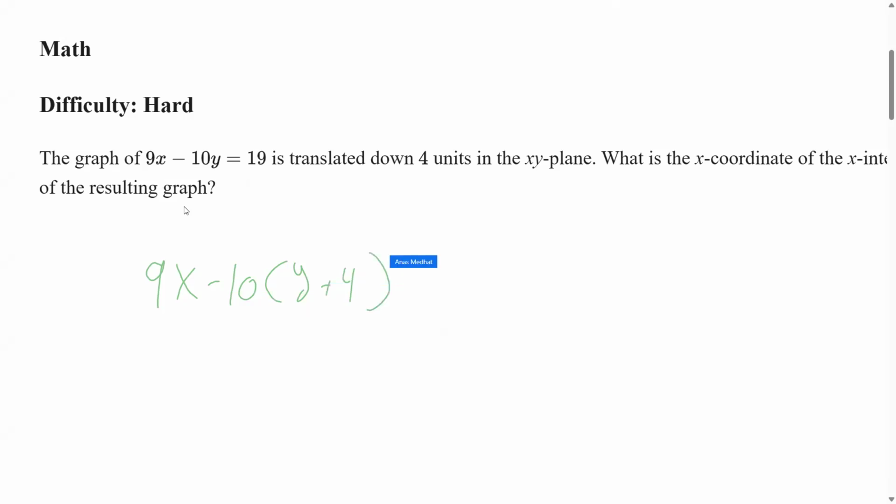If it is translated up, it will be minus. If it is translated right, it will be x minus. If it is translated left, it will be plus.